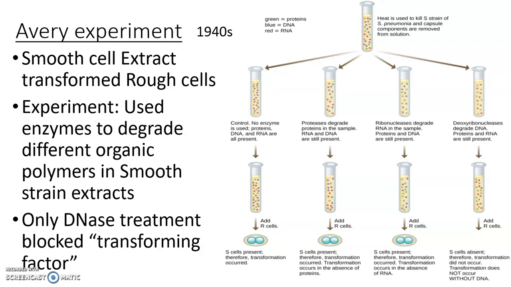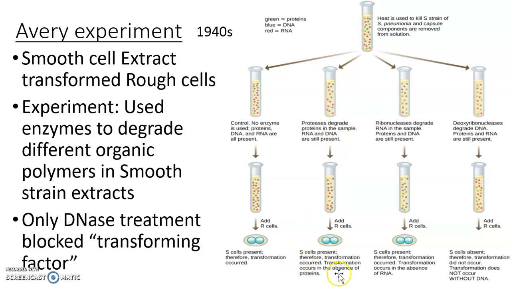And what they did is, when you have an extract from cells, you can start to basically dissect it. And in this case, they used enzymes to break down the different kinds of organic polymers that you would find in those extracts from the cells. And so if they treated them with these different kinds of proteases or ribonucleases, those would break down the polymers that were in those extracts.